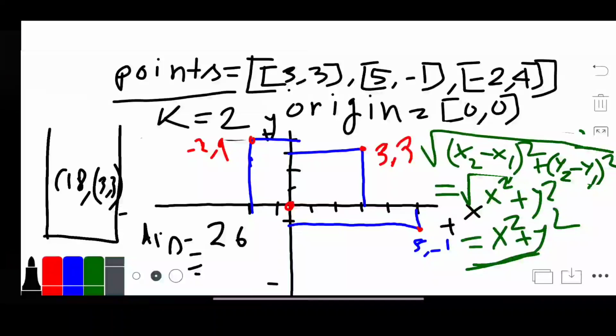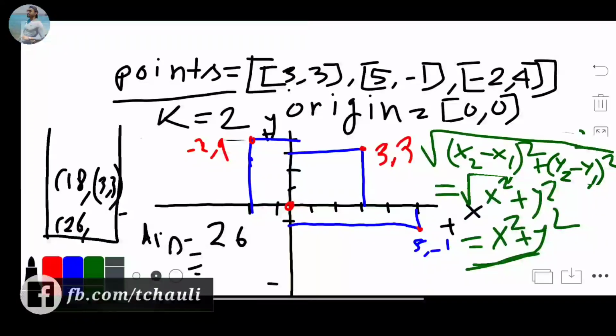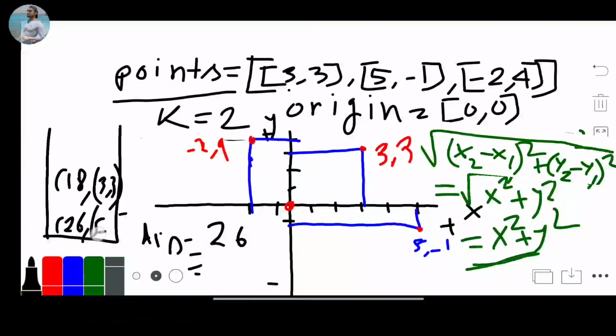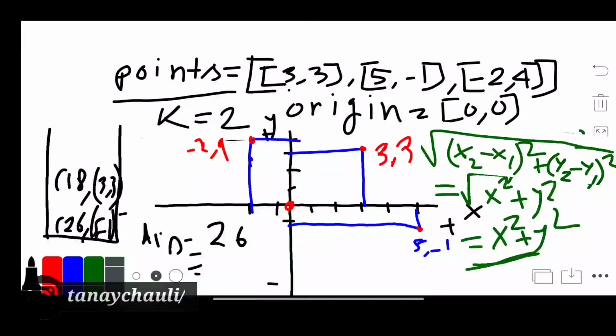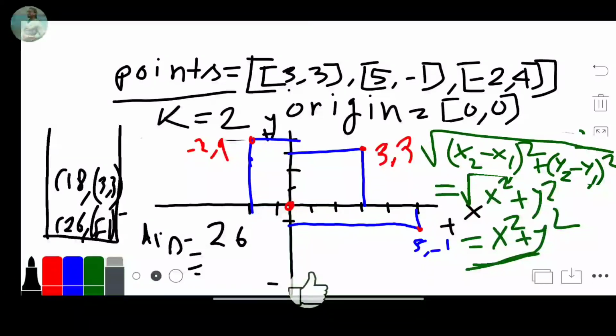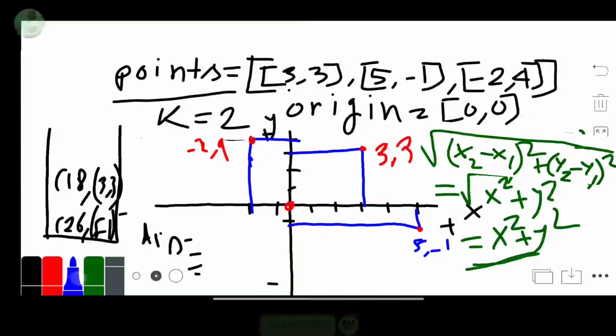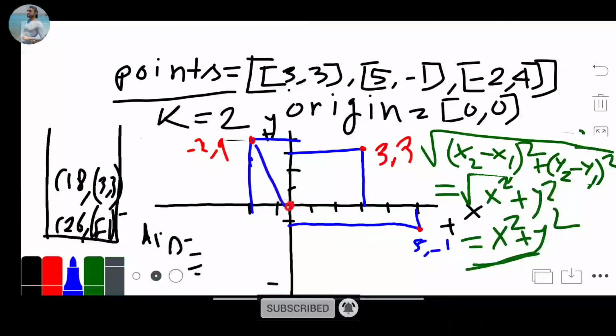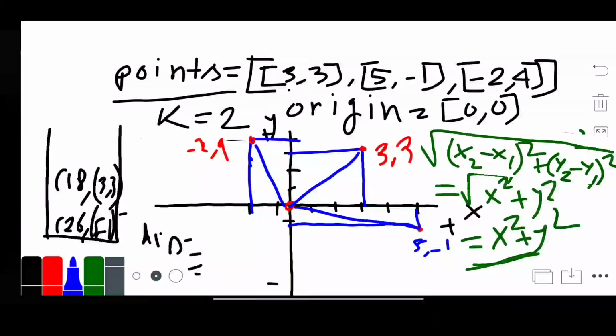So now in the heap there is 26 and (5, -1). Our next point is (-2, 4). We calculate the distance from the origin to (-2, 4); we already calculated the other points. Now the distance is 4 plus 16, that is 20.